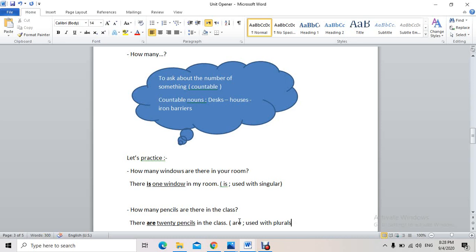There are 30 students in the class. There are 20 or 40 cars in the yard or in the garage. So with the plural, we usually use are.